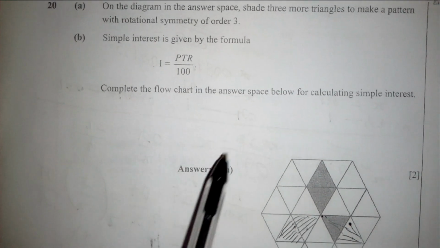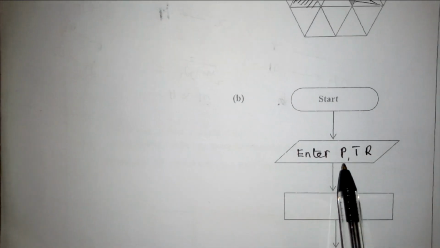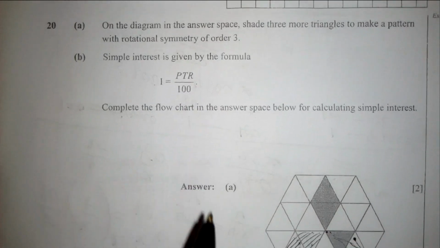So this is enter. You check the way the formula looks, meaning you enter the letters you're able to see in the formula, this side after the equal sign. So that's enter P, comma, T, comma, R. So this is actually from the formula. We're just getting these letters.